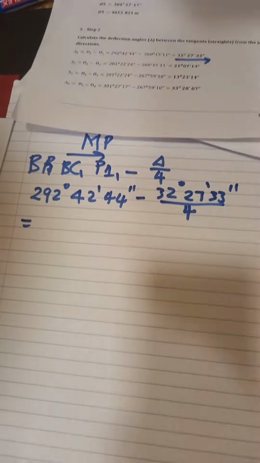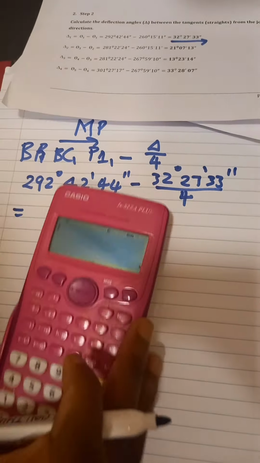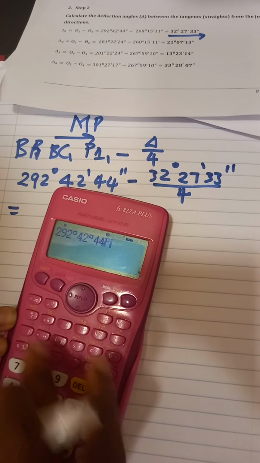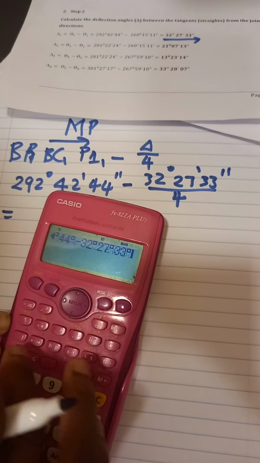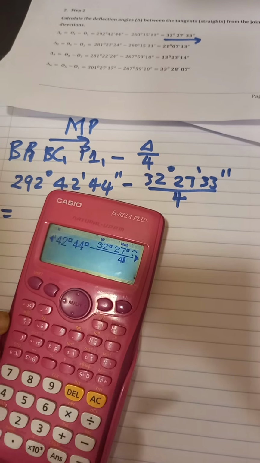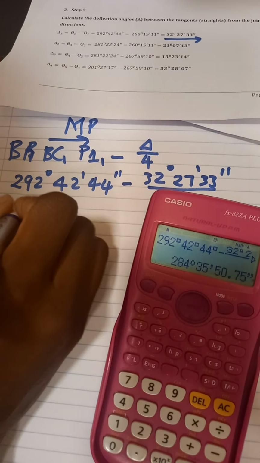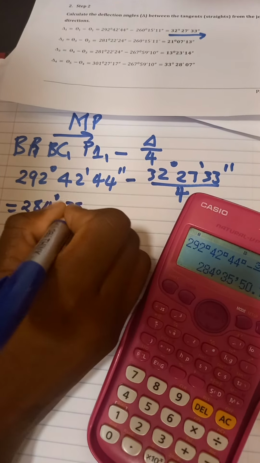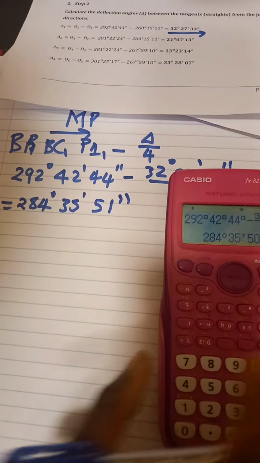So this will give us 292 42 44 minus 32 27 33 all divided by 4, and then you get the new bearing from BC1 to MP, 284 35 and 51. Let me just write as 51 seconds, not minutes.